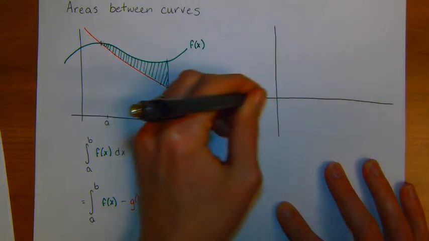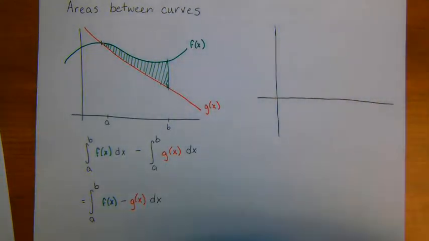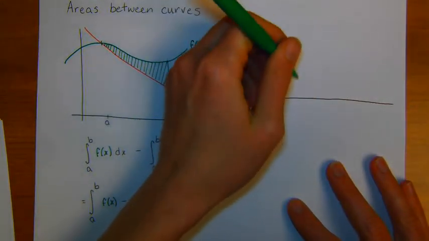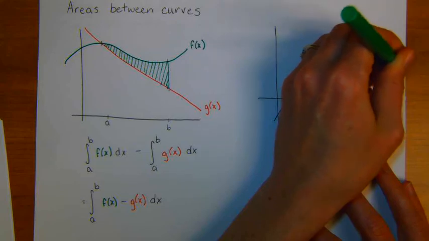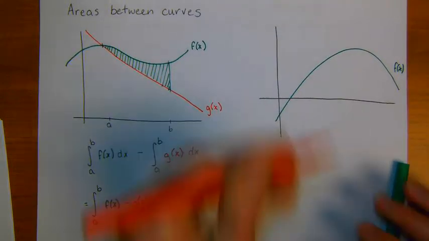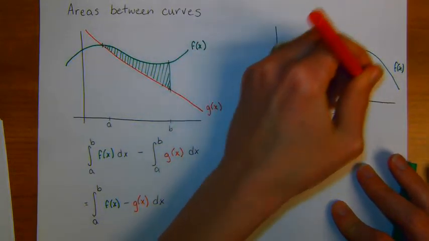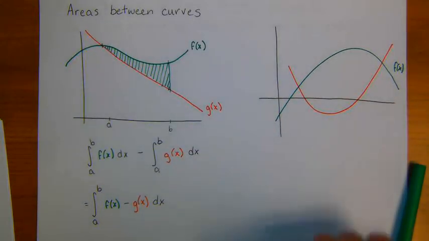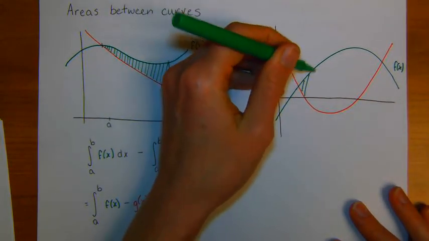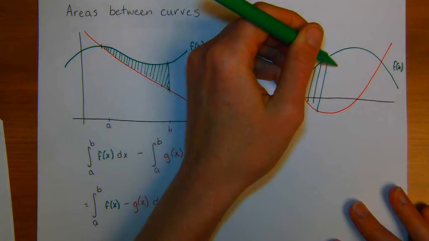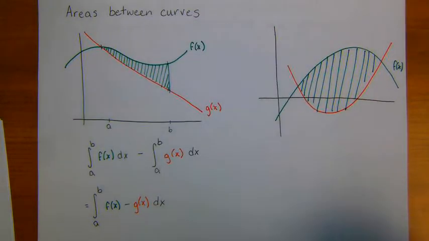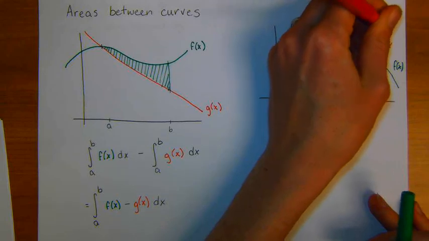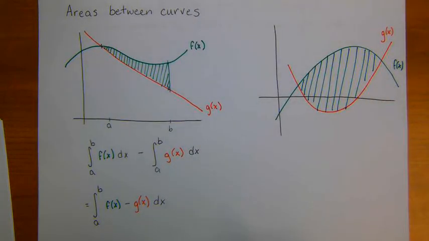What happens if I have maybe a couple of curves where my f of x curve is something like this, and my g of x curve goes below the x-axis? And I want to know the area between these two curves, the area in this region right here. It turns out that the formula is going to hold, and it's because of properties of negative numbers.